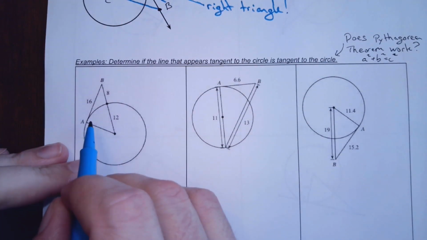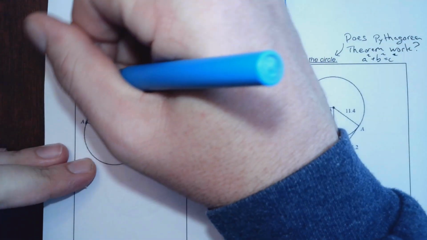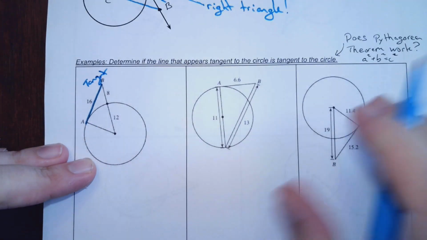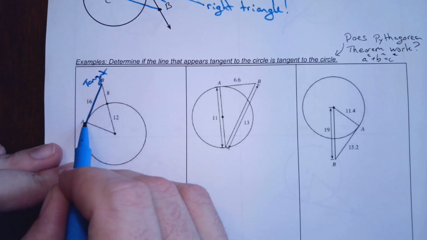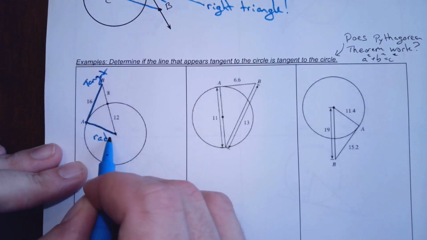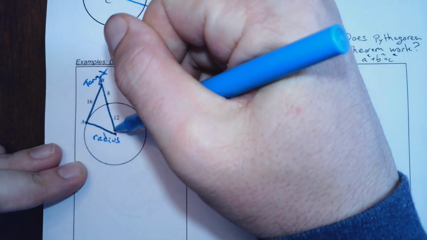So we come here, so AB, that's the tangent. This line right here is the radius, and then this is my last line.